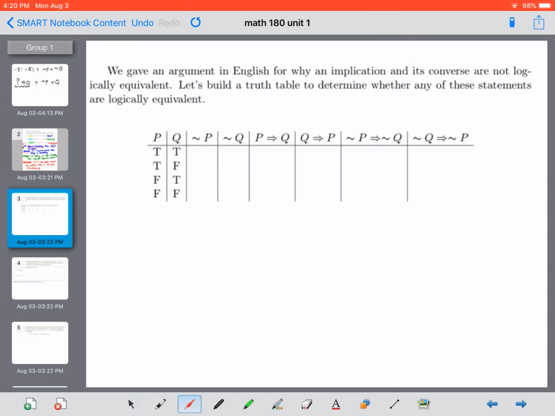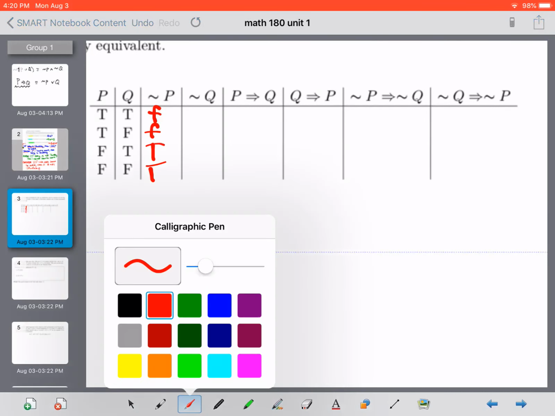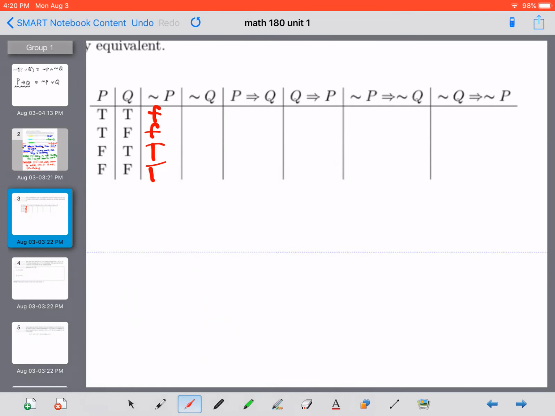All right, so the negation of P, remember, is just going to swap all the truth values from the P column. Here's the P column, true, true, false, false. So this is going to look like false, false, true, true. The negation of Q would be to swap all the values in the Q column. So this will look like false, true, false, true.